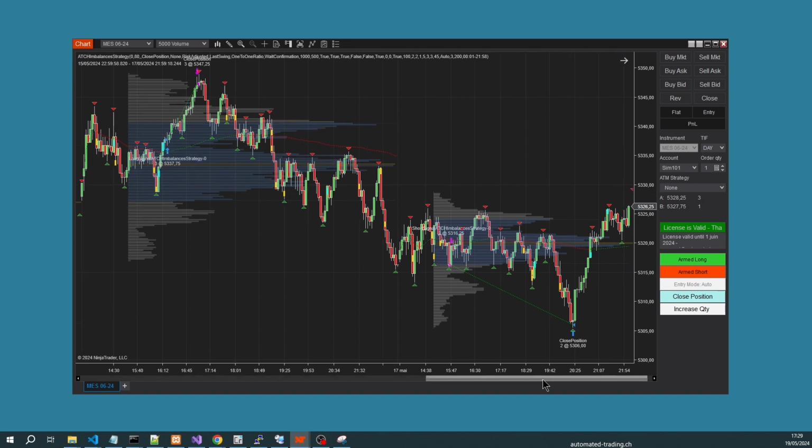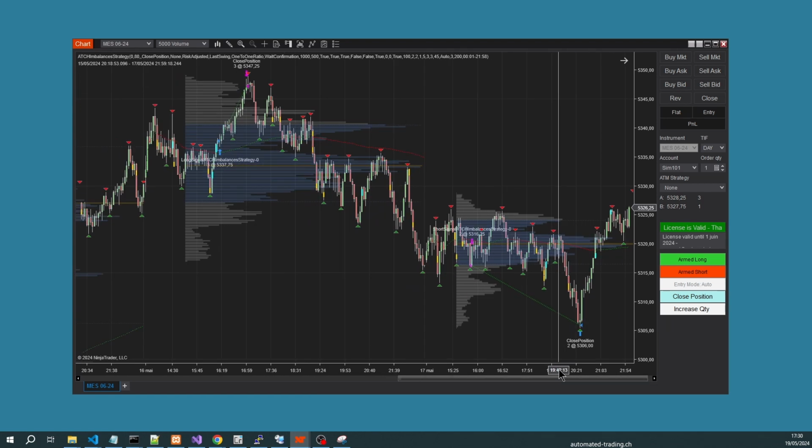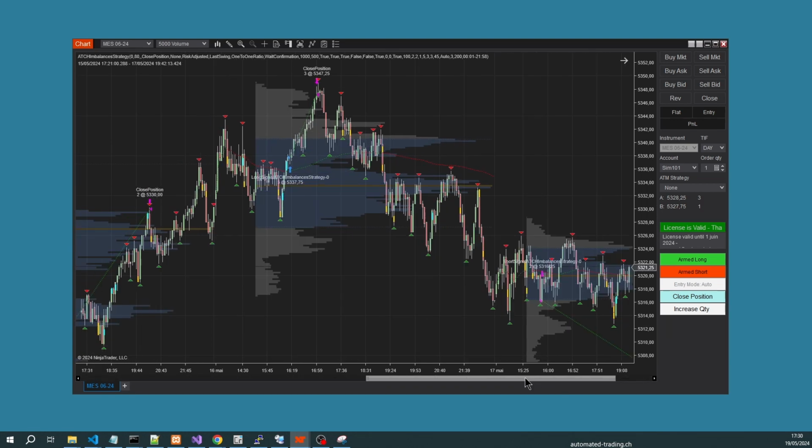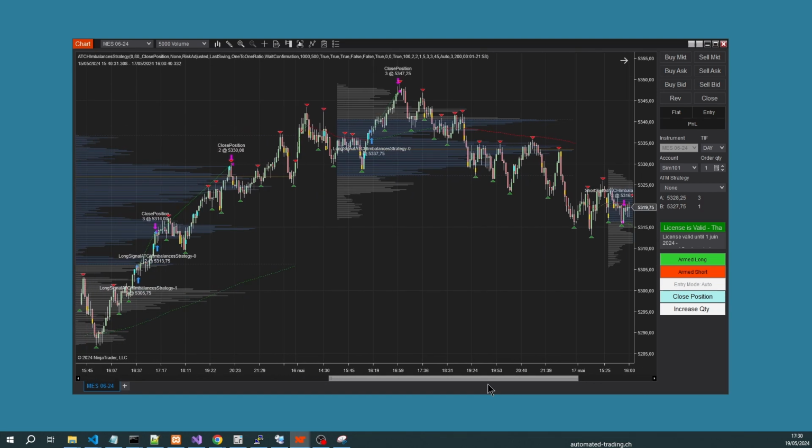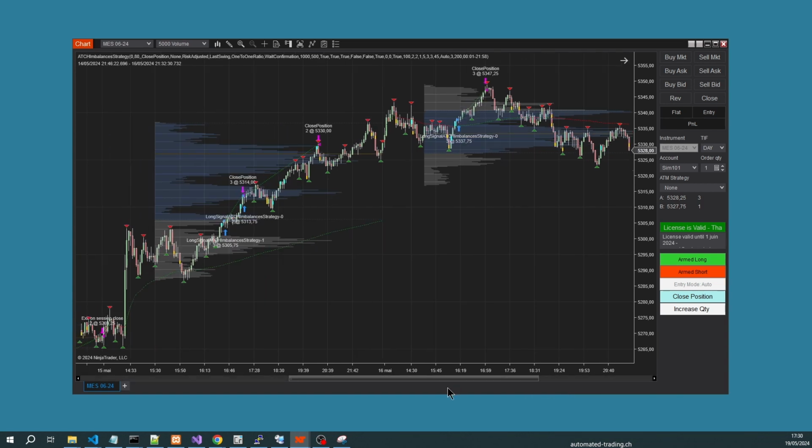So as you can see, what contributed to the profitability of this week is not only the profitable trades, but also the fact that we avoided many trades that could not be profitable. So this is the thing with the algorithm of auto mode, that it filters out trades that are not profitable.